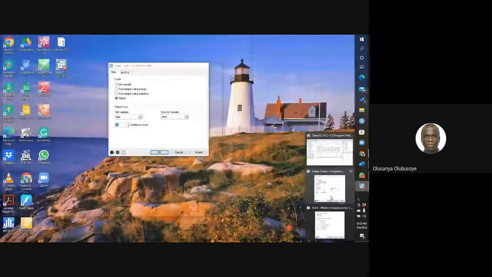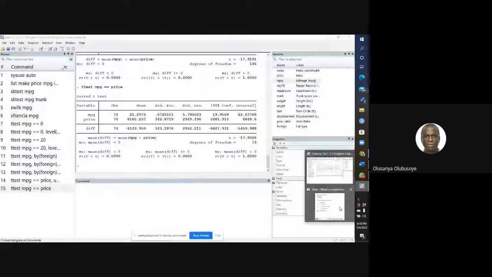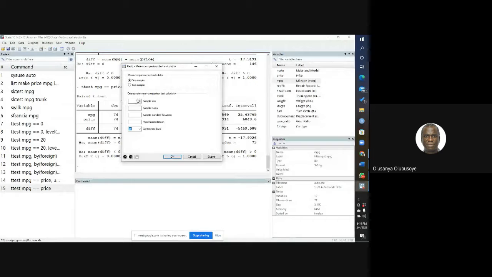But maybe what you have information about is the sample size. Maybe I know the sample size to be equal to 20. And apart from that, I also know that the standard deviation is 15.8.